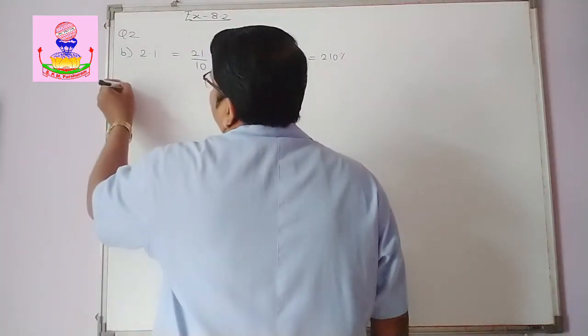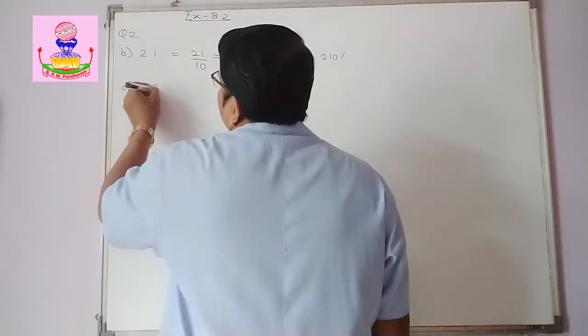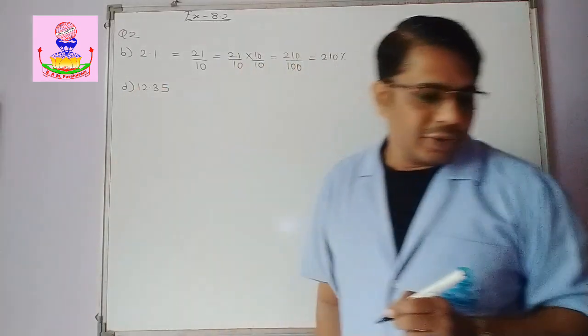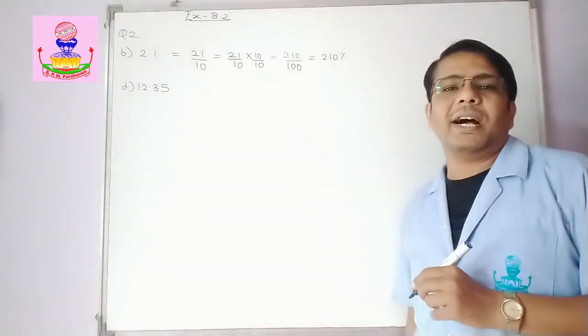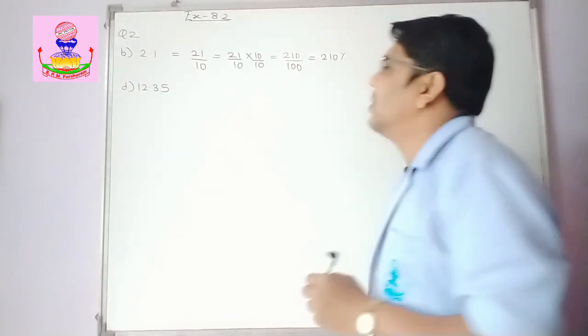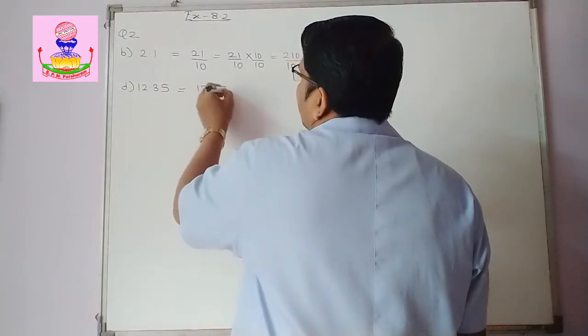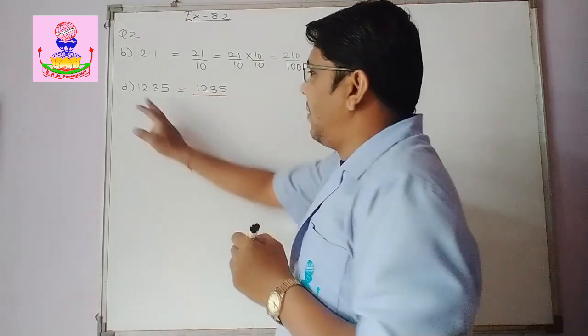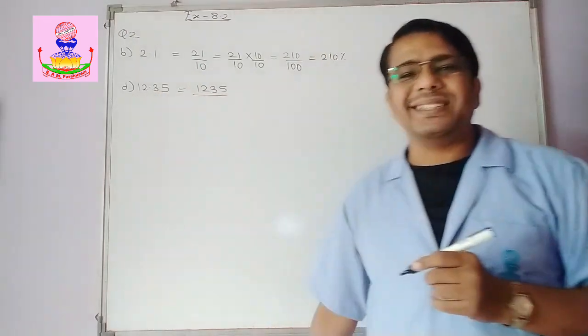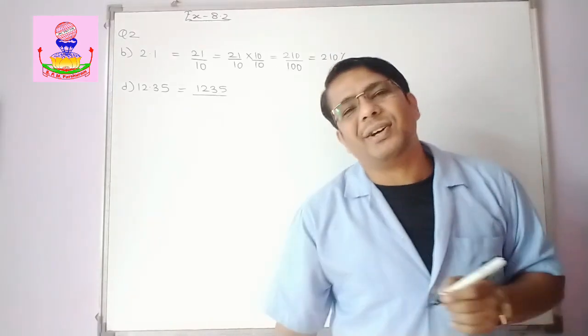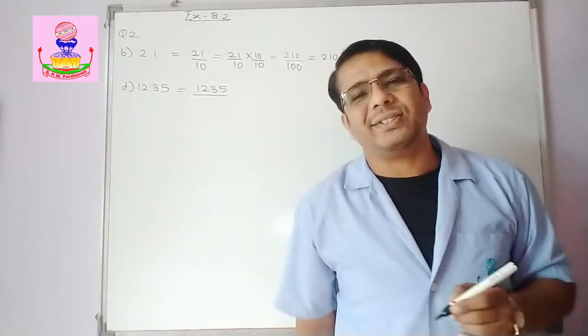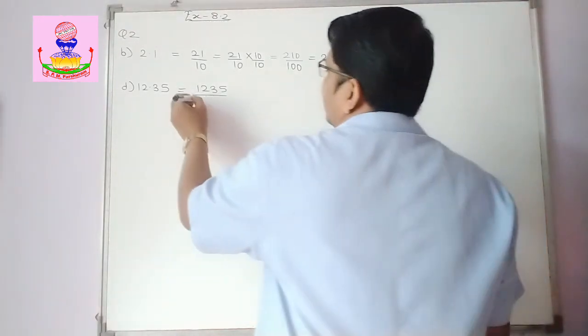Then next example I am going to solve is D, 12.35. Which one? 12.35. D. Okay. Now again simple thing. Remove the decimal point. So it becomes 1235. So after the decimal point, 2 digits. So how many zeros in the denominator?